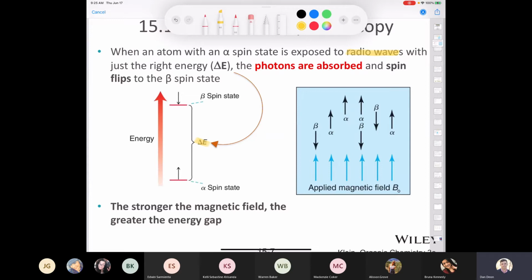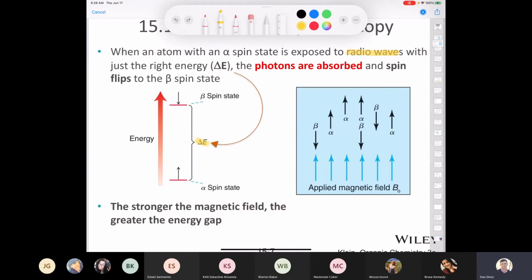So again, we're subjecting the molecule to a magnetic field. You have an alpha spin state, a beta spin state, but what's cool is that if you hit the nucleus with an alpha spin state at just the right amount of energy, it's going to flip to a beta spin state. And what else is interesting is that the stronger the magnetic field, the larger the energy gap.